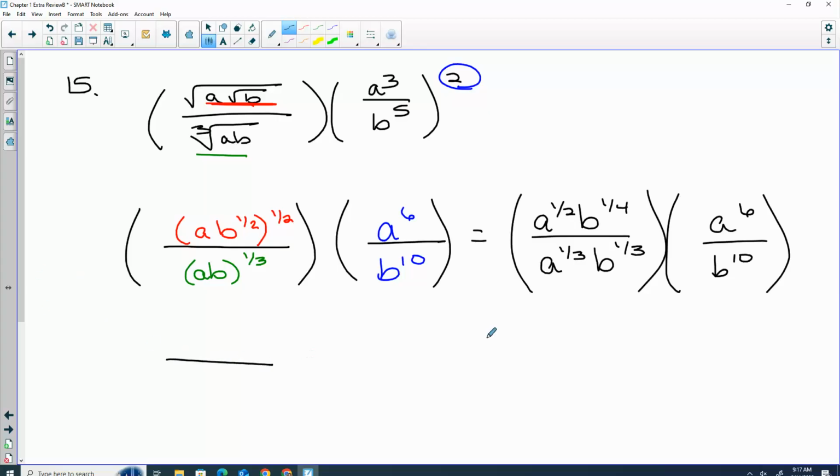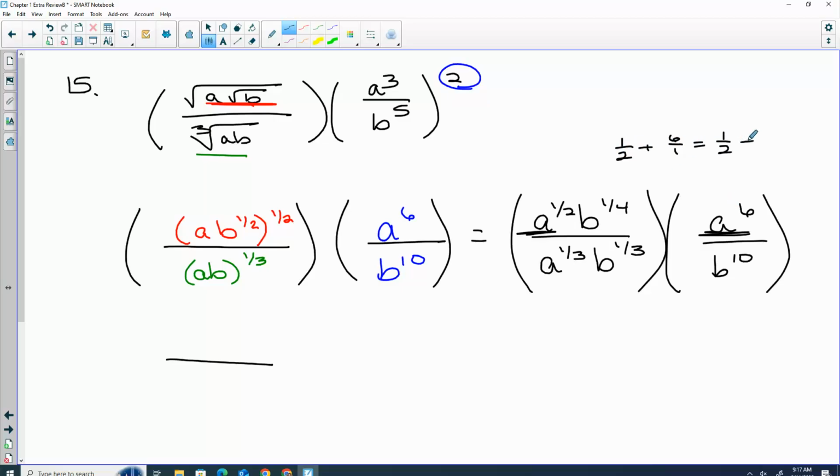Different options you can do from here. We could simplify this one, or we could multiply first. Which one do you want to do? Multiply. Okay. When you're multiplying, because these a's are written each time, you add the exponents. So 1/2 plus 6. If you struggle with that, it's like 6 over 1. Right?